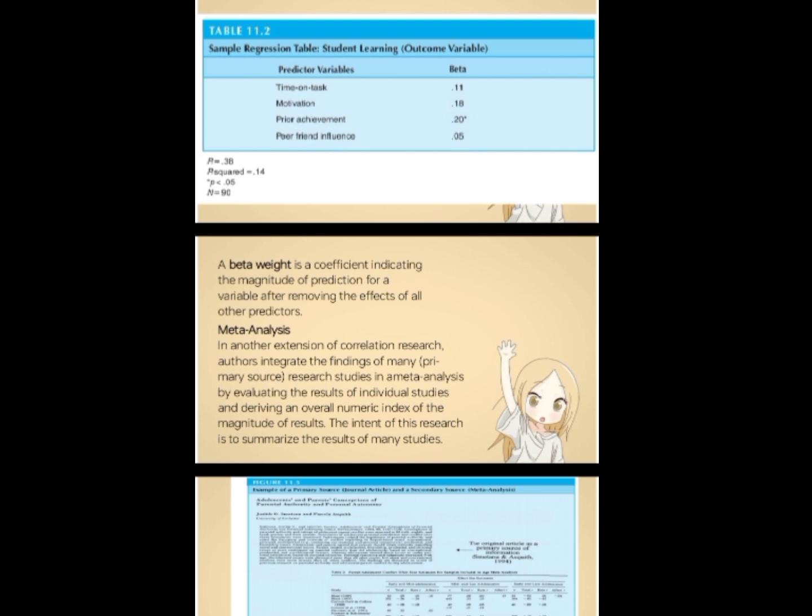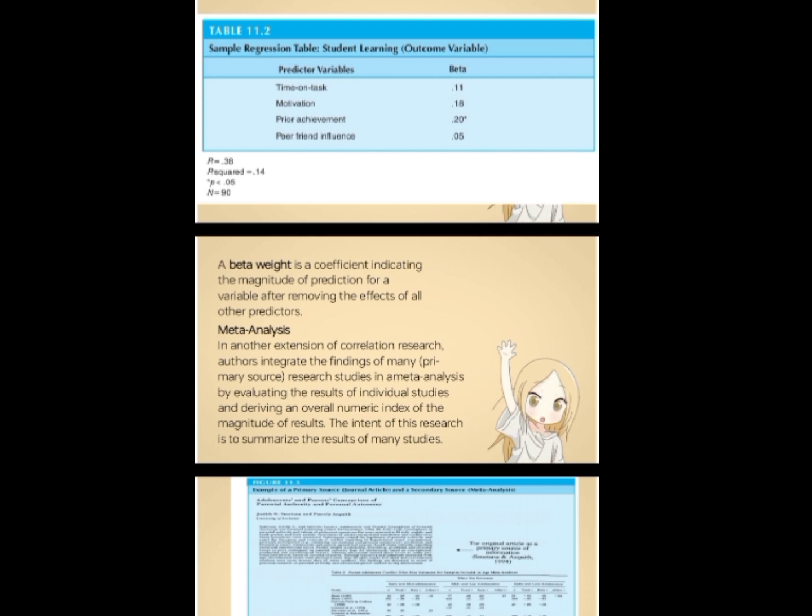Below the table, we see the correlation of the combination of variables. The multiple correlation, designated by R, is 0.38, and the proportion of variability explained in the dependent variable by all of the predictors, R squared, is 0.14.